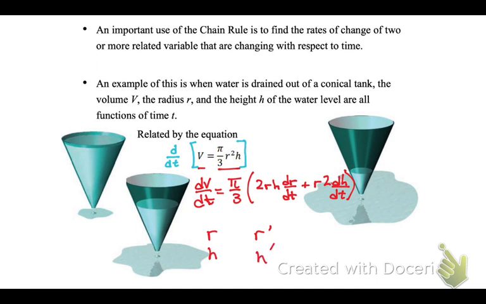So I would have to know all of those things in order to give you an answer for dV/dt, wouldn't I? But we don't in this one. So when we are doing these problems, we are going to have to write down what our equation is, what our given things are, and what we need to find. So we'll have a 3-step process of things we write down.